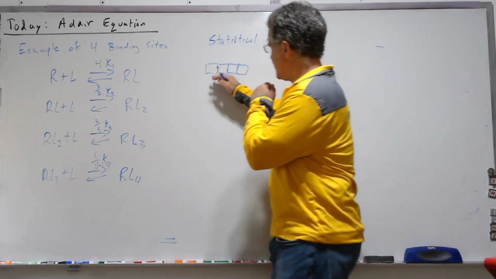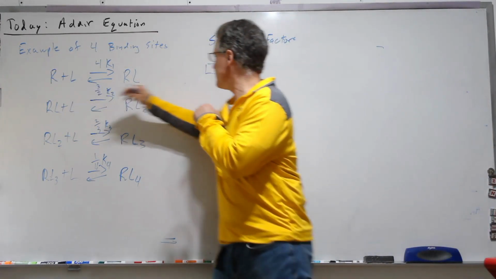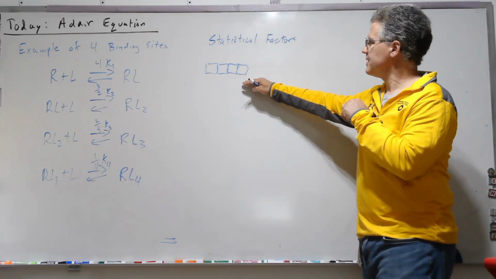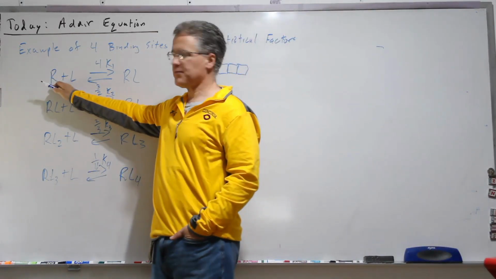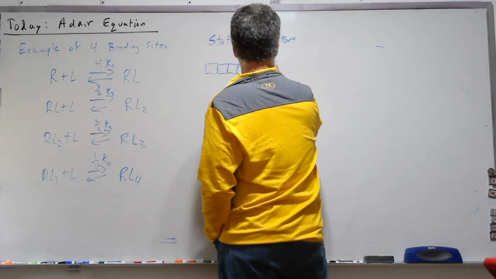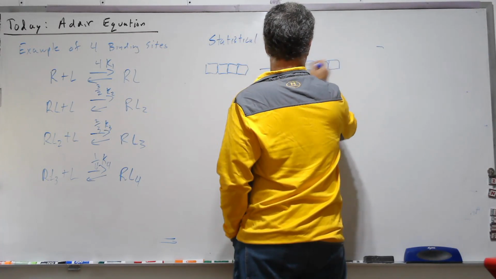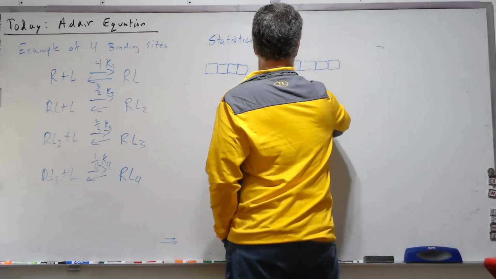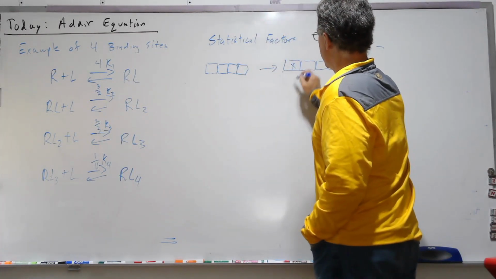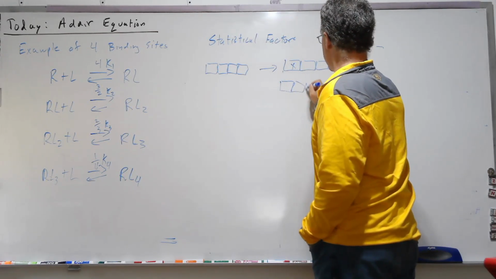And on this side, I put where we're starting from. So this is 4 empty boxes because we have the receptor with no bound ligands. And we're going to go to one bound. And then we just write all the ways that that can happen.